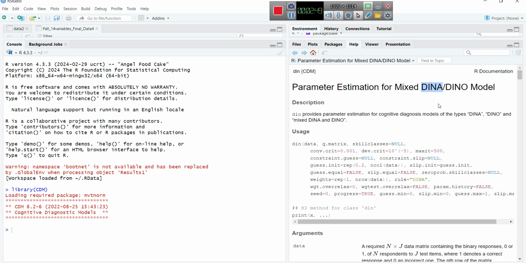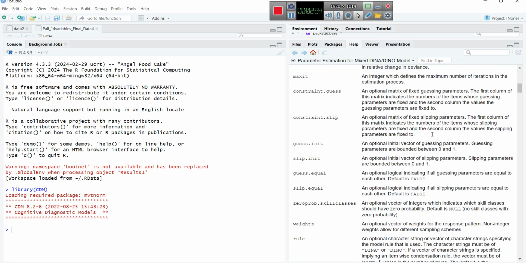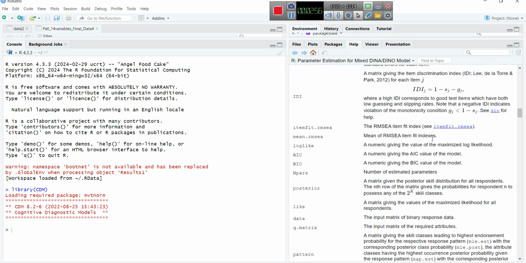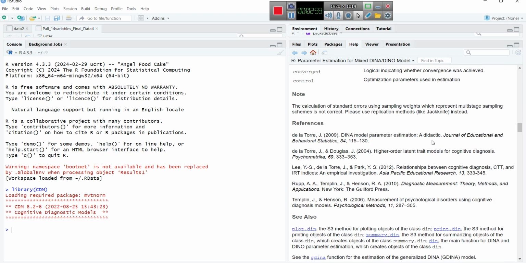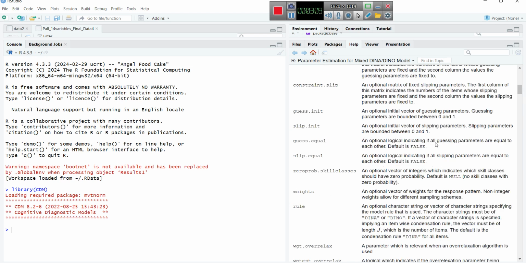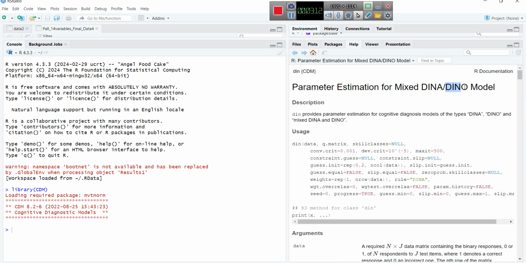The compensatory model tells you about the skills that contribute to answering a test item correctly. For example, in the DINO model, that is a compensatory model, the skills needed for answering a test item correctly compensate for lacking each other.